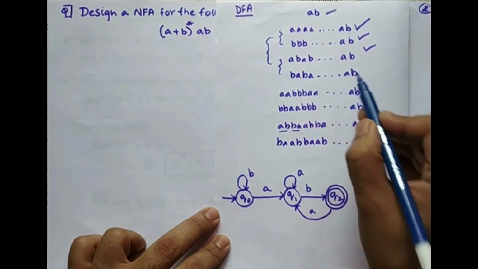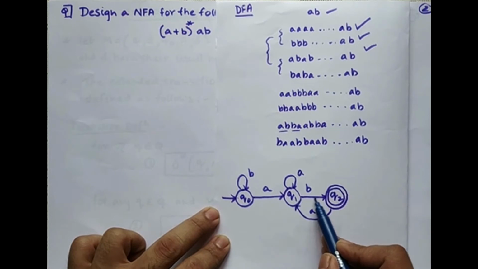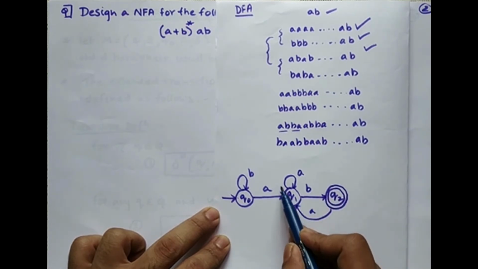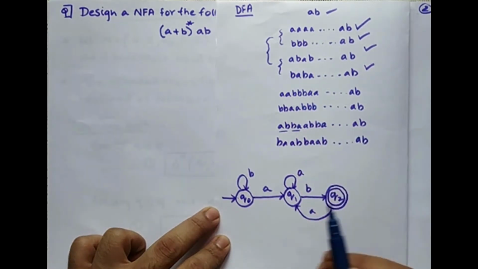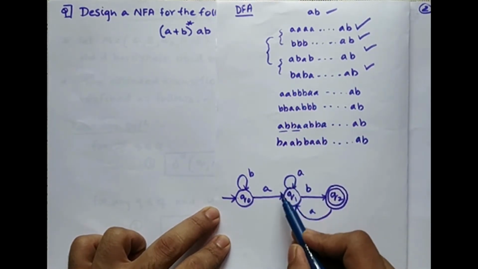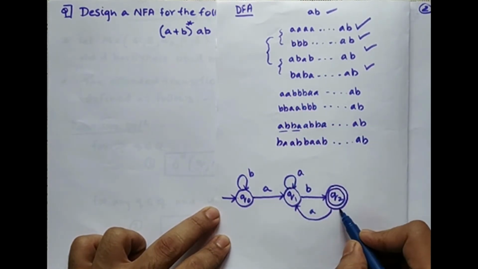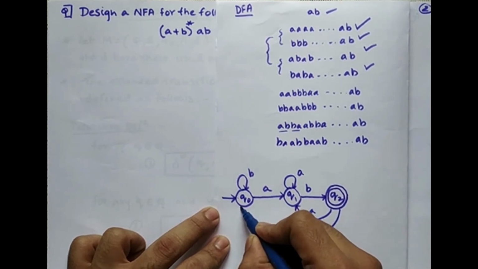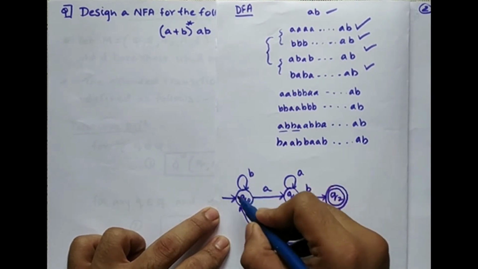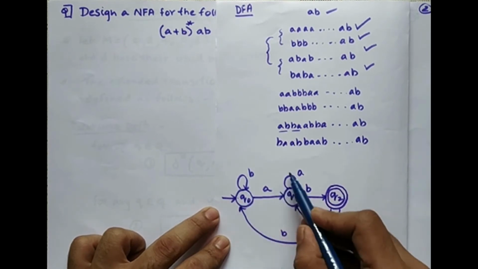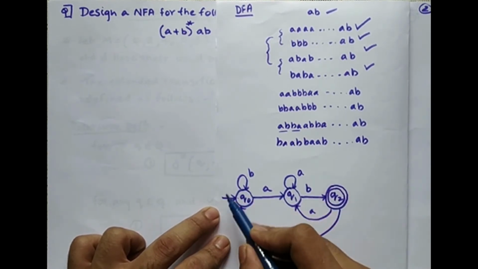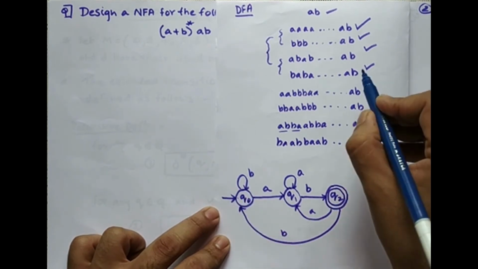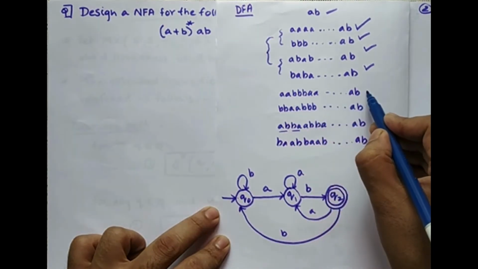Now BA ending with AB, accepted. Then some A's, some B's, some A's and so on. So first B, and I can have another loop here to have more B's, then n number of A's, n number of B's, and ending with AB. So A's, B's ending with AB.